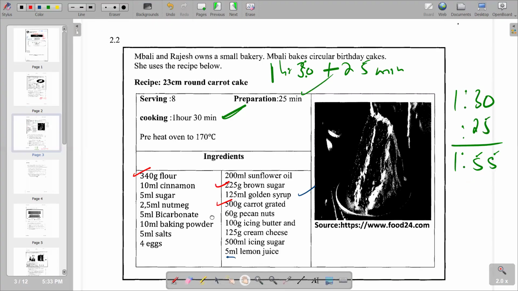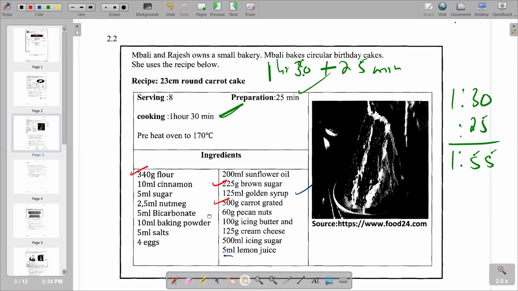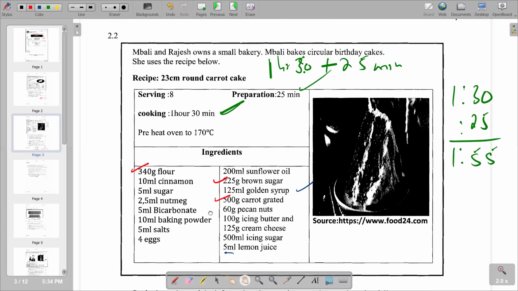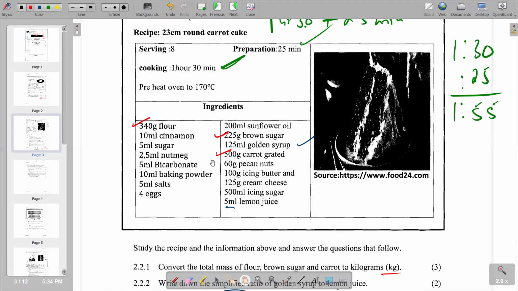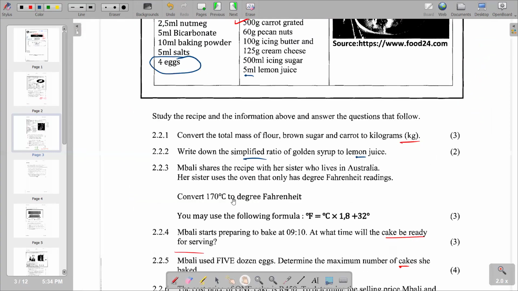If you come here, you'd see that we can just refer to the information that we are given. We see that it needs four eggs. We have our 4 here, indicating the requirement that is needed. So I'll go down and try to calculate within that context.